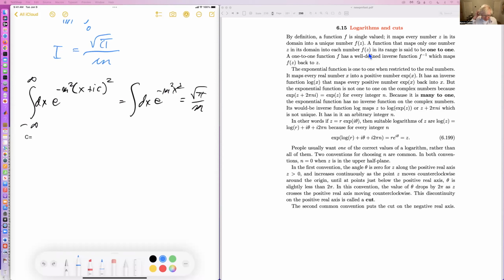And so we love one-to-one functions because you can take a one-to-one function and simply define its inverse, because if there's only one z that gives you f of z, then for any f of z, the inverse function is z, and that's uniquely defined.